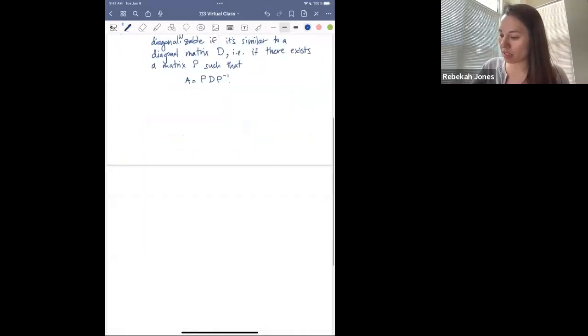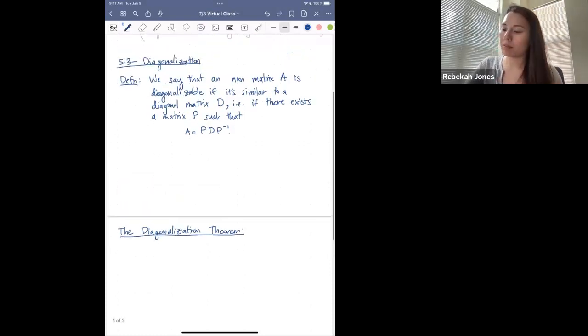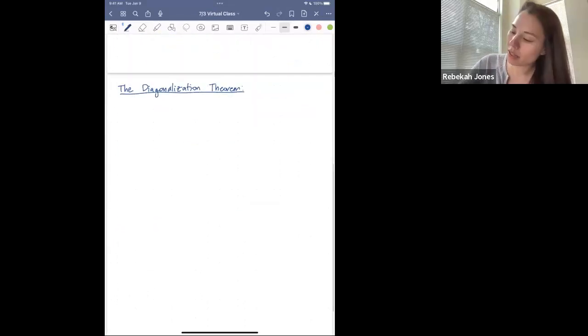So we have the diagonalization theorem, which tells us when a matrix is diagonalizable. Okay, and maybe let me just say, we say that a matrix is diagonalizable if it can be written this way, and then the process of actually doing that is what we call diagonalizing the matrix, right?